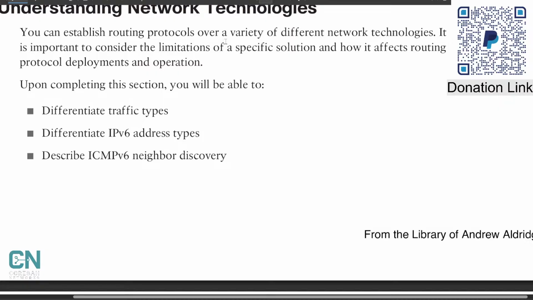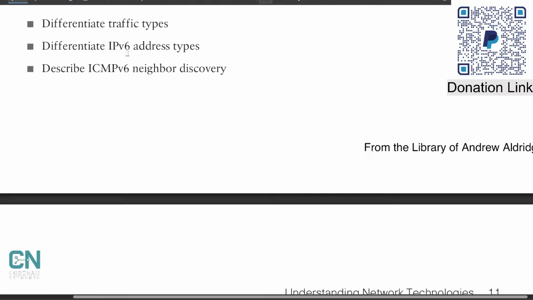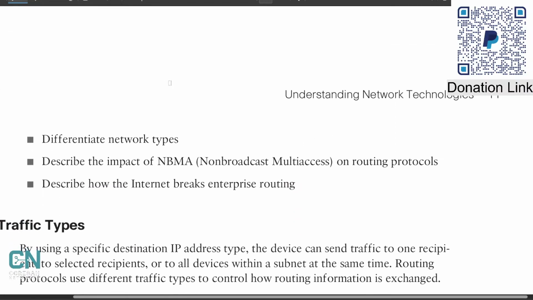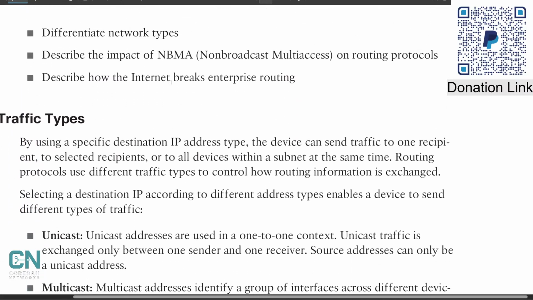Upon completing this section, you will be able to differentiate traffic types, differentiate IP version 6 address types, describe ICMP version 6 neighbor discovery, differentiate network types, describe the impact of NBMA, non-broadcast multi-access, on routing protocols, and describe how the internet breaks enterprise routing.